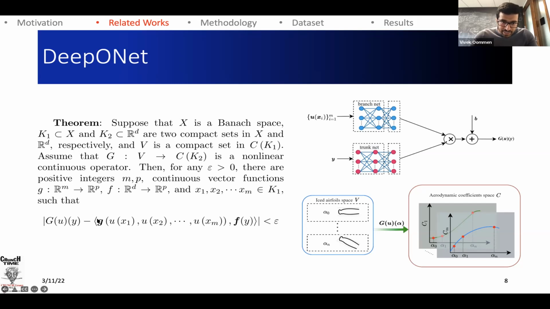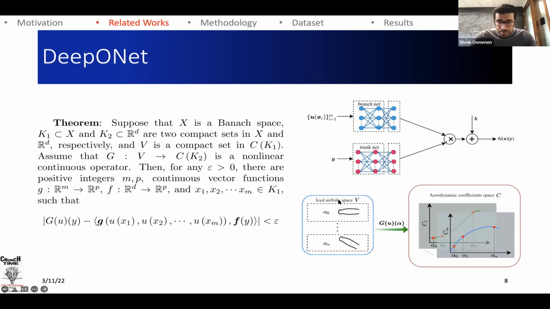It can be approximated in this format: an inner product between g(u), which represents the branch network output, and f(y), which represents the trunk network output. If you take the inner product, the error in prediction will be bounded by epsilon.